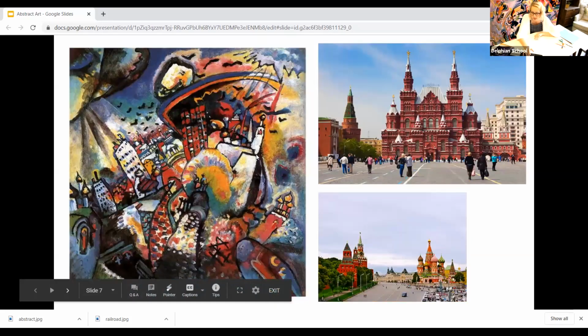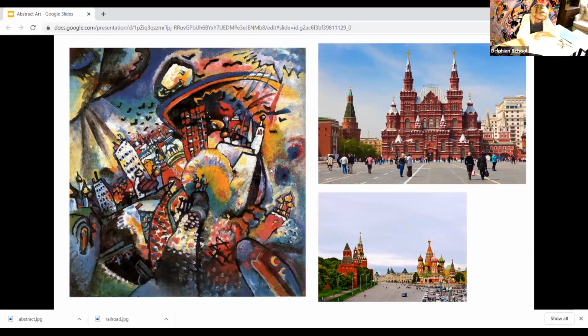Here is another painting that he did. This one is called Moscow, and it is a painting of a real place called the Red Square. On the right, there are a couple of photographs from not too long ago of the Red Square in Moscow, Russia. And on the left here is the painting called Moscow.